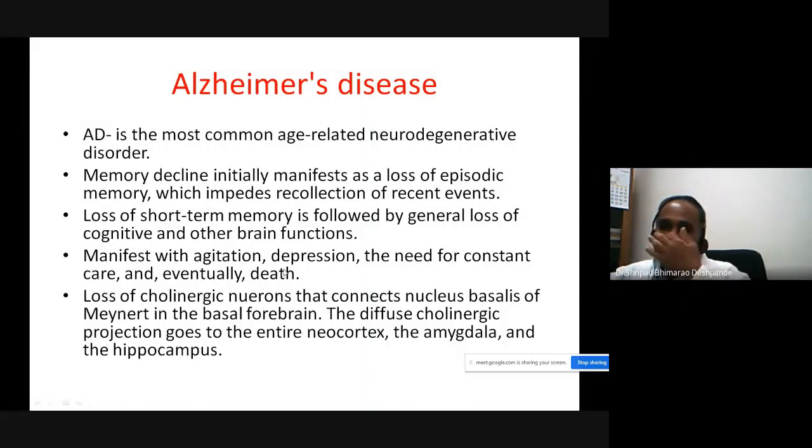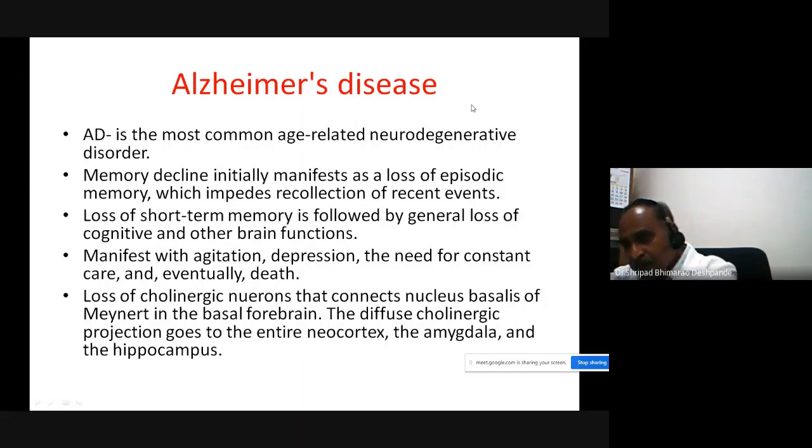Because they will not be able to eat. They don't know whether they have eaten or not. They will say that they have eaten, but they don't eat. Or they may keep eating sometimes, because they don't remember anything. This is because of the loss of cholinergic neurons that connect the nucleus basalis of Meynert of the basal forebrain. The diffuse cholinergic projection goes to the entire neocortex and amygdala, and thus it is a grave disease.